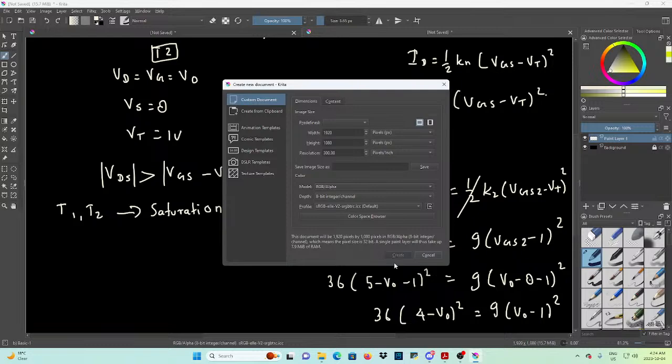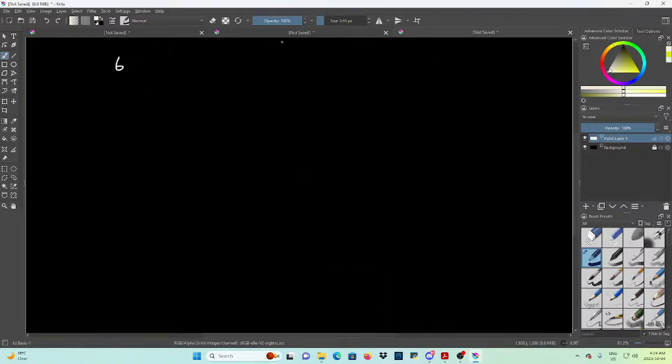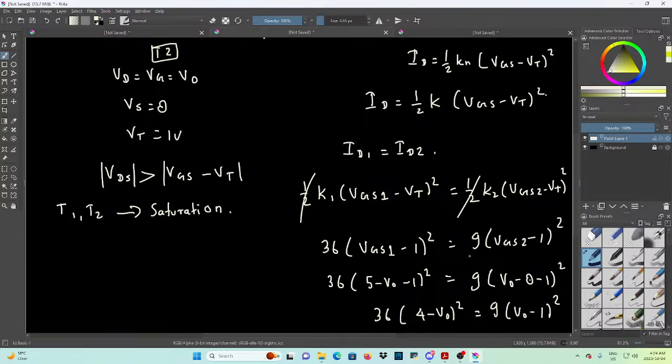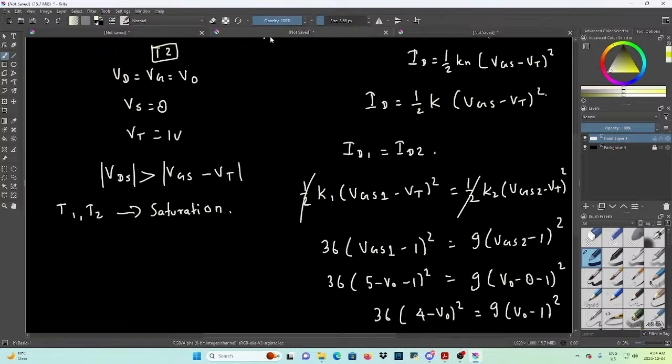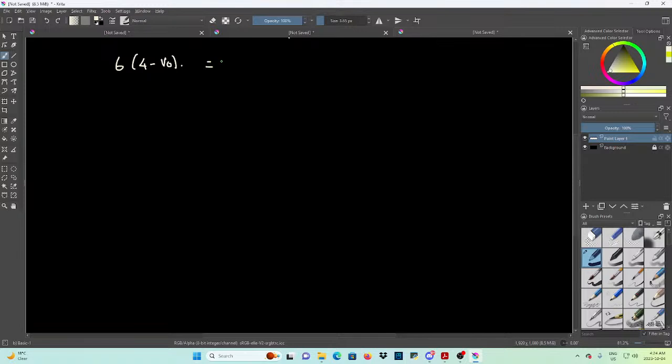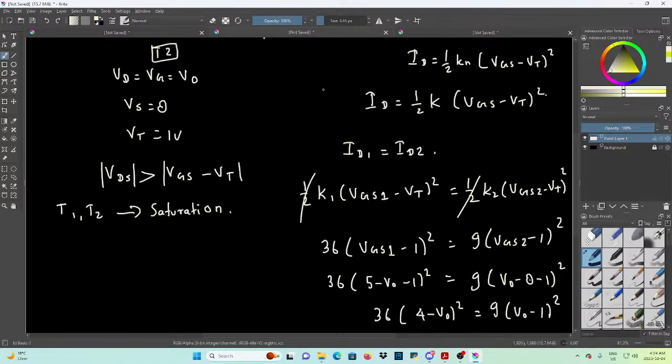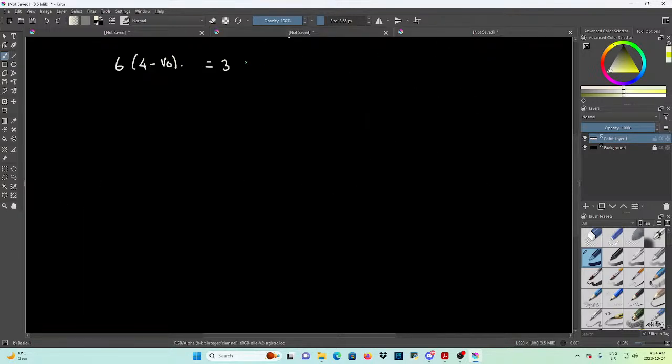If you square root 36, that's 6, and if you square root 4 minus V0 square, that's going to be 4 minus V0, and then if you square root 9, that's going to be 3, and if you square root V0 minus 1 square, that's going to be V0 minus 1. Okay, now we can expand this one.